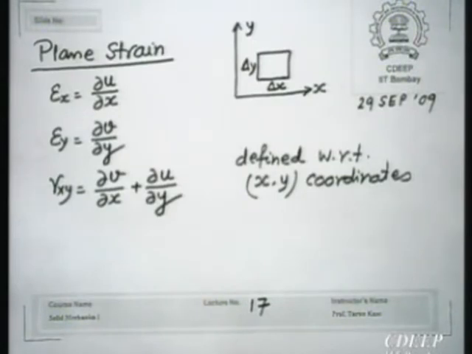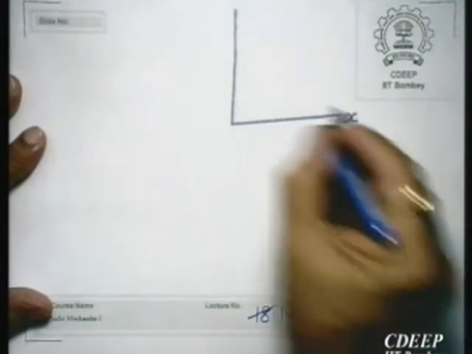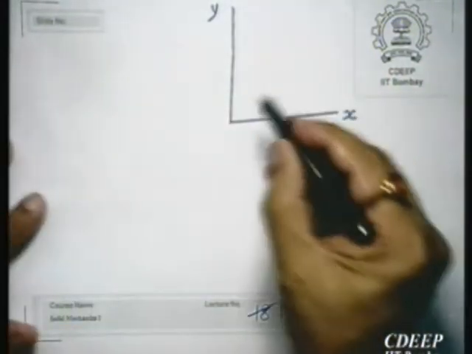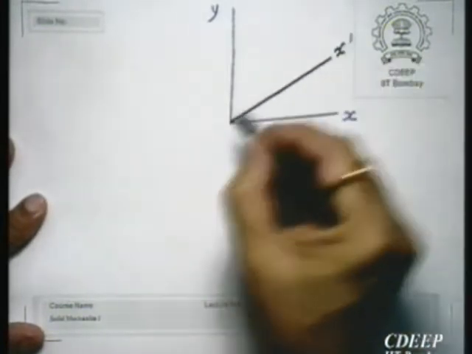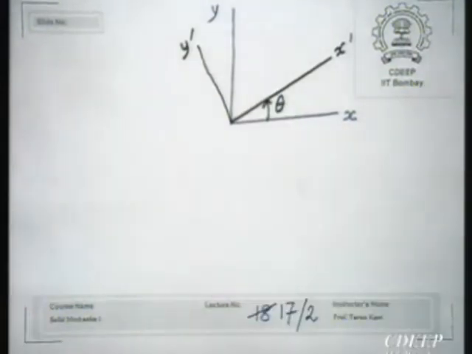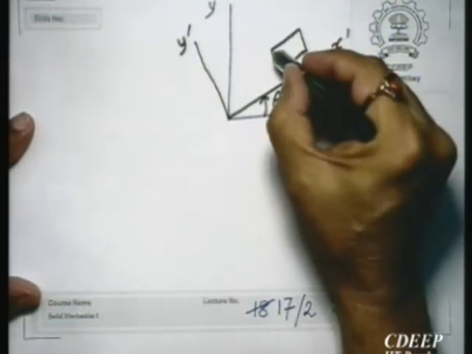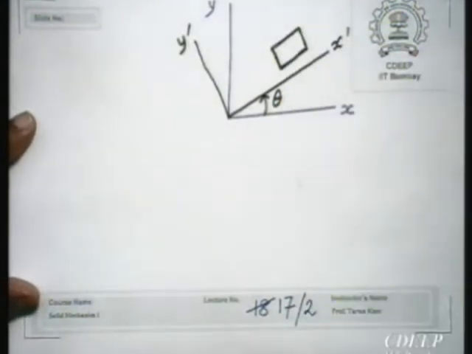Now, what about an arbitrary axis? I would like to know, if this is the coordinate system, and my element is here with reference to x dash y dash axis.